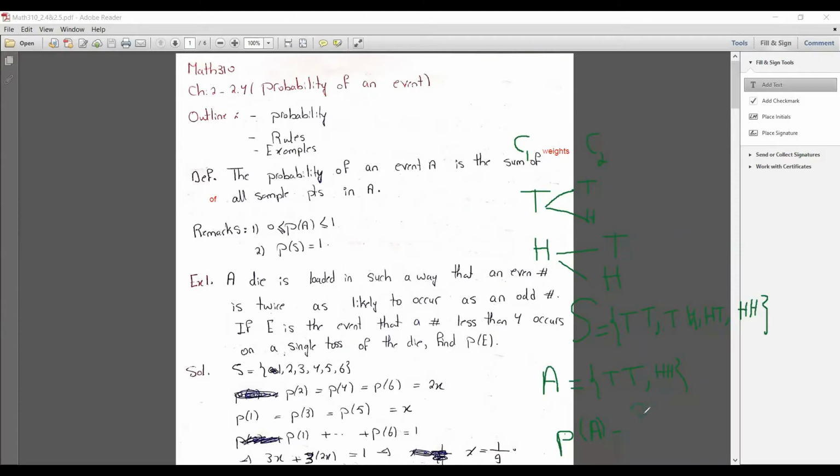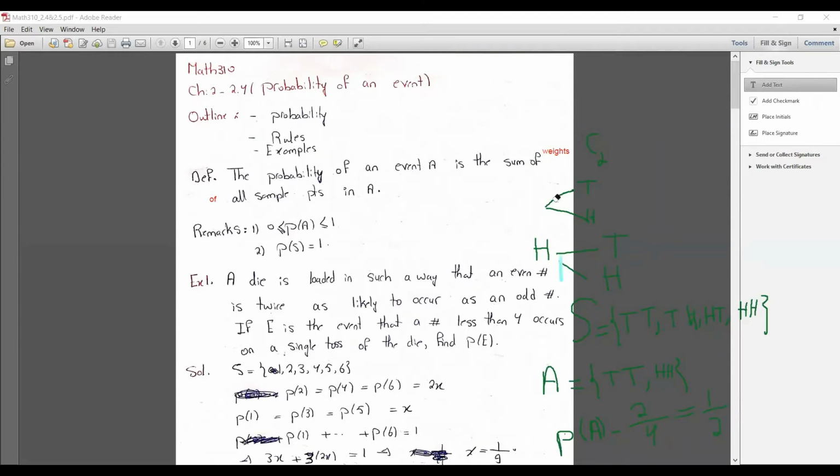We have 2 possibilities out of 4 possibilities. So we're going to get P of A equal to half. How can we interpret this? It means that the chance that when tossing 2 coins we get exactly the same, tail or head, is 50%. This is what we mean by probability.